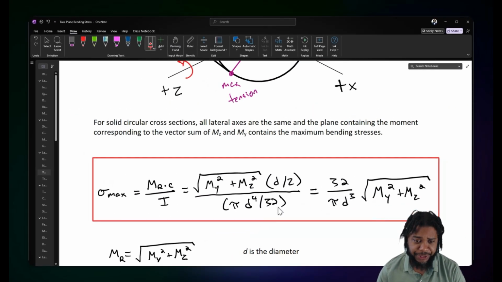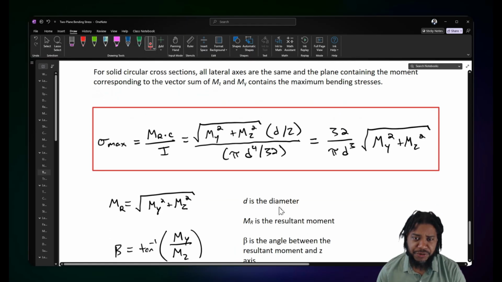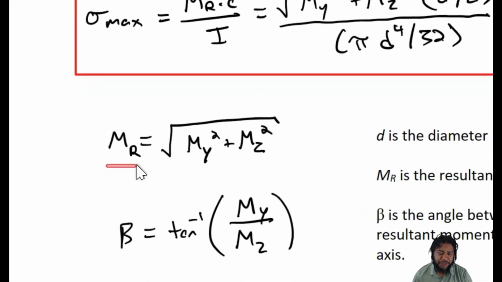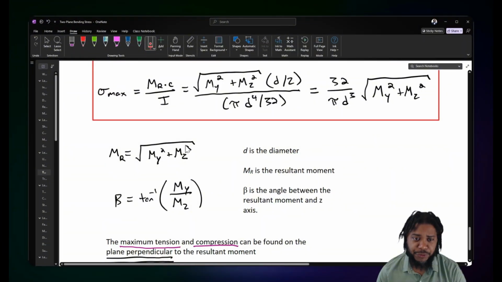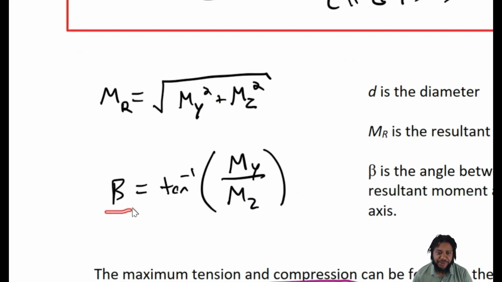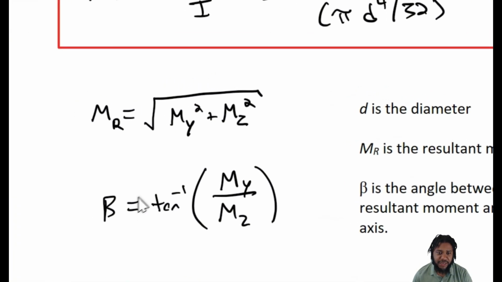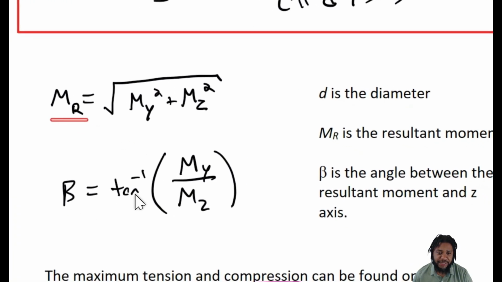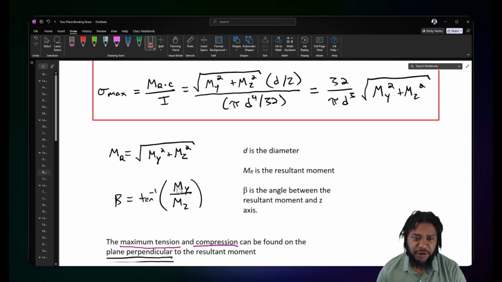Key things to note: the resultant moment is simply the square root of each of the moments squared. And the beta angle, the angle between the z-axis and the resultant moment, is the tan inverse of the moment y over the moment z, right?